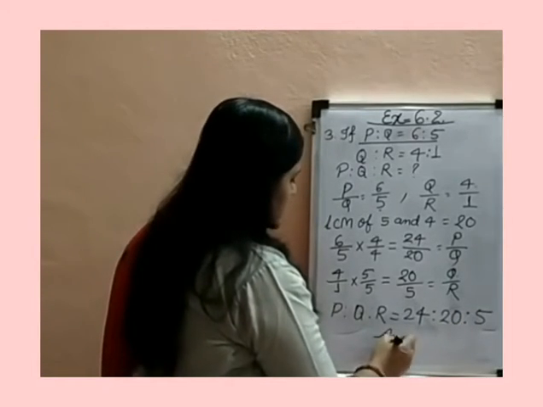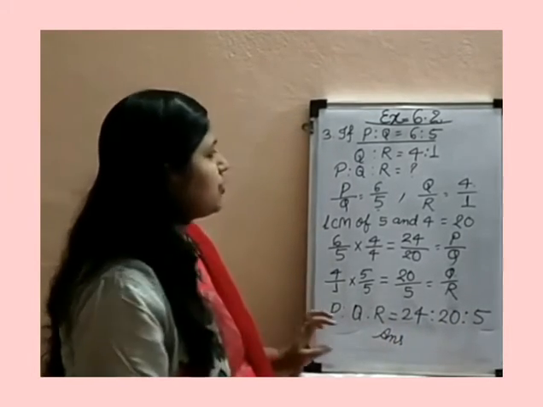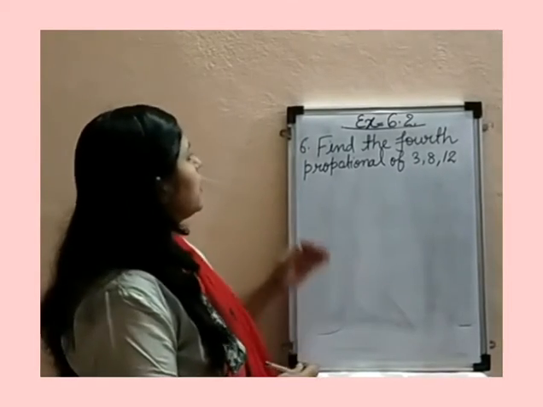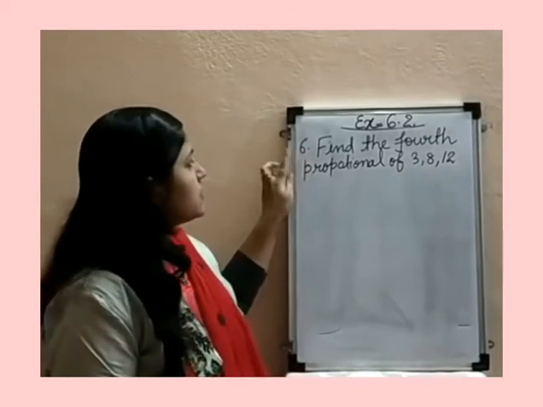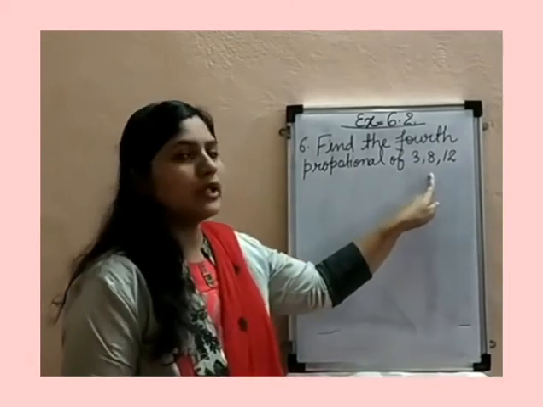That is your answer. Let's do our next question. Exercise 6.2, question number 6 is, find the fourth proportional of 3, 8, 12.